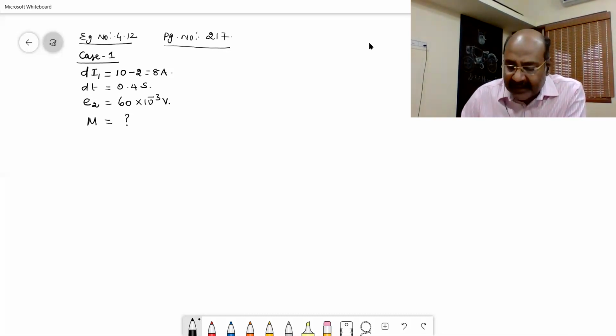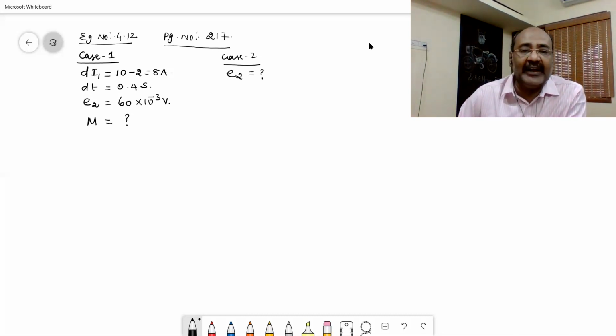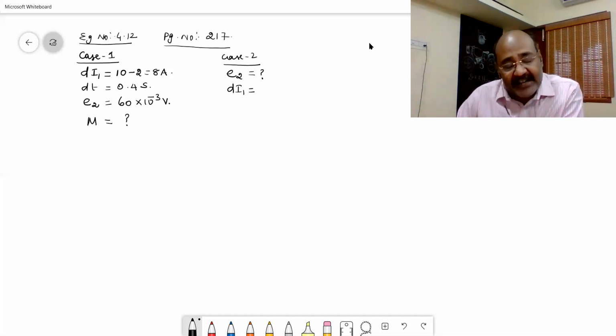Then again they are asking, that is case 2. What is case 2? Determine the magnitude of the EMF in the second coil, again they are asking E2, if the change in current in the first coil is dI1, from 4 ampere to 16 ampere.